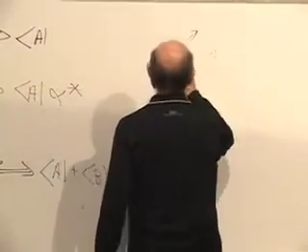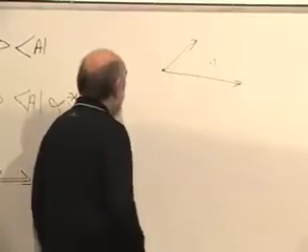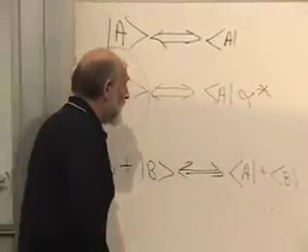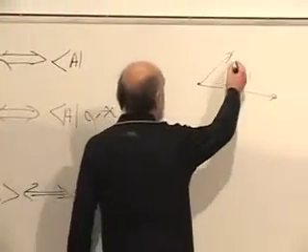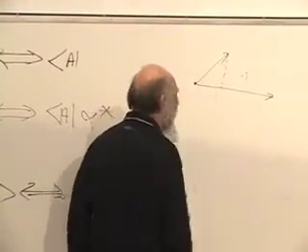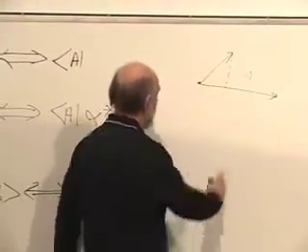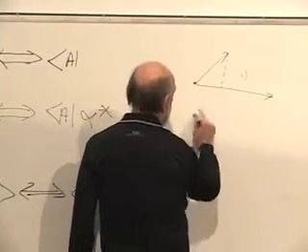you take the two vectors. You can think of it in a variety of ways. You can think of it as taking the projection of one vector onto the other, taking the magnitude of that projection.